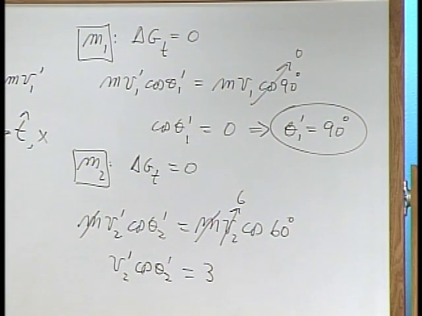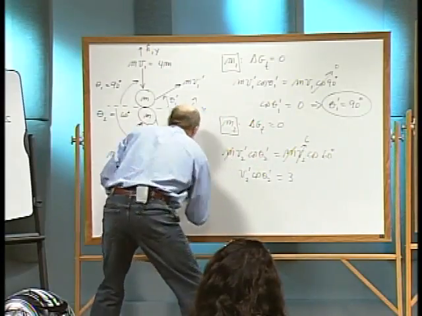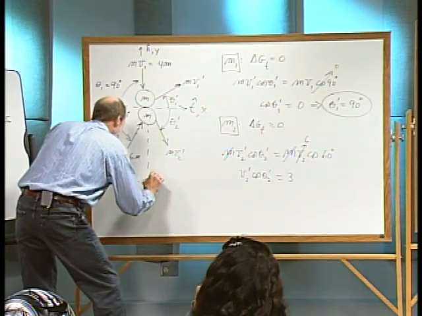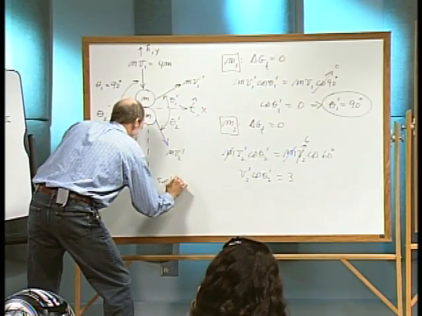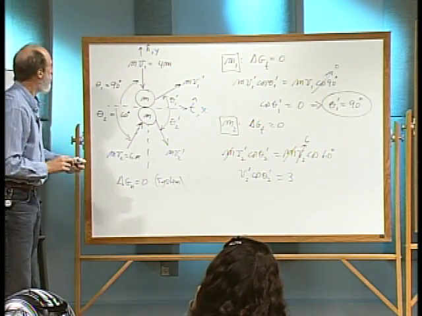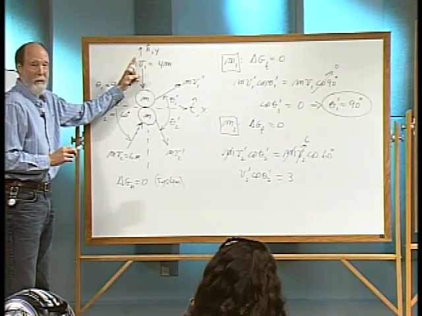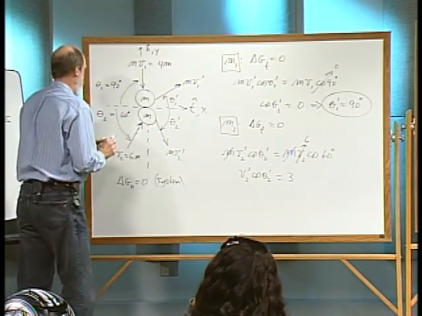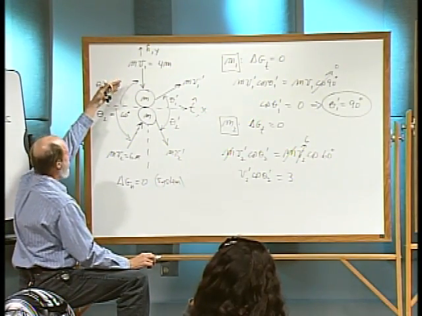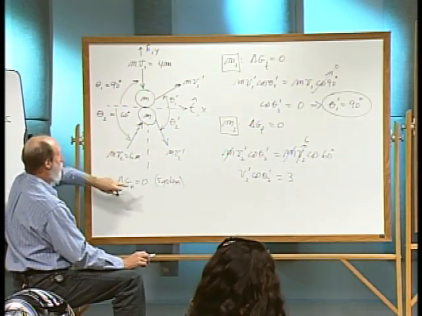So let's go and grab our third equation. Third equation is going to be conservation of momentum in this normal direction for the system. So we're going to have delta G in the normal direction must equal 0 for the system. Everything, remember, these are vector quantities. So the before impact momentum must equal the momentum after in the normal direction.